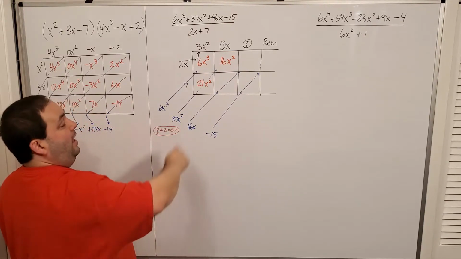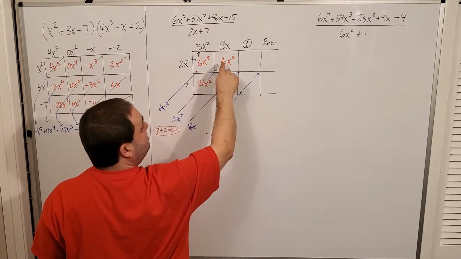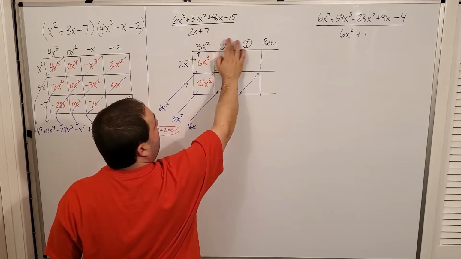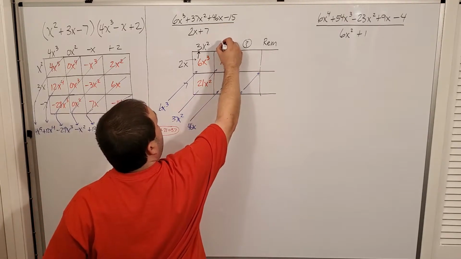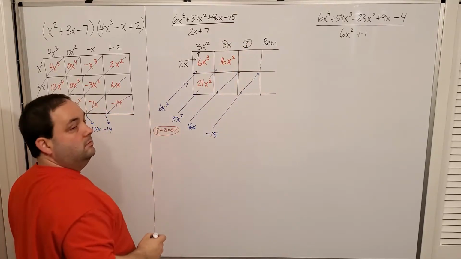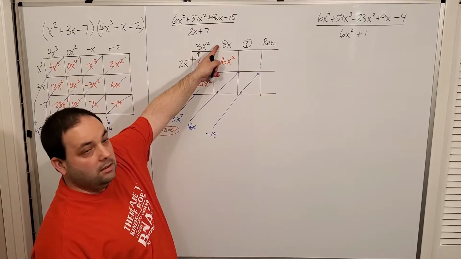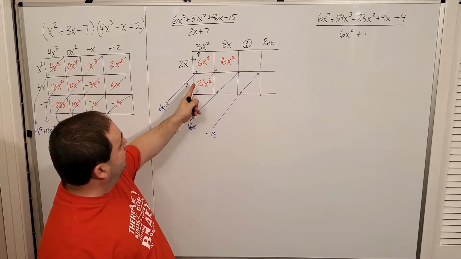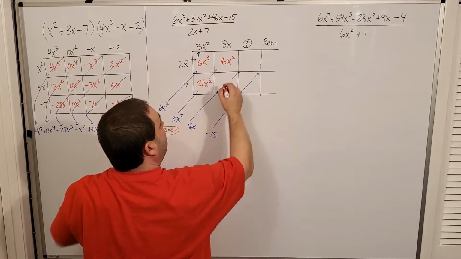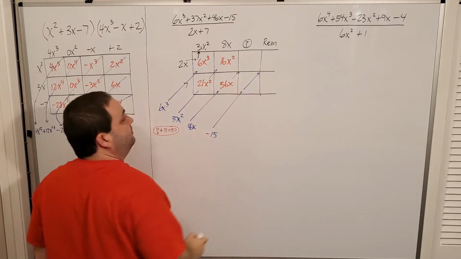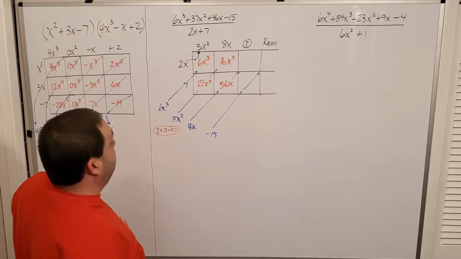Okay, well, I got that top guy again, right? What times 2x would give me 16x squared? That would be 8x. Okay, but now that I have this top guy, I can finish filling out the column. 8x times 7 is 56x. Right? Okay.